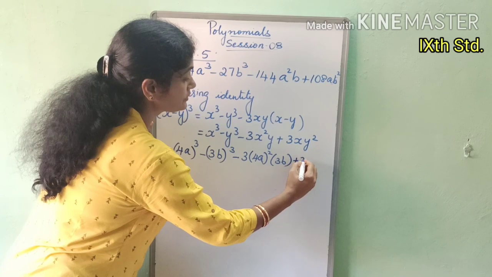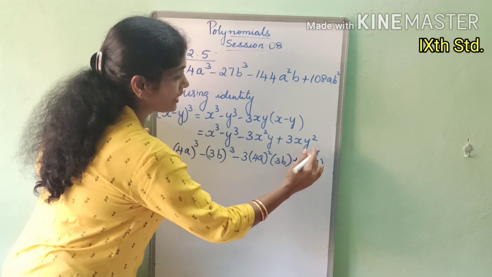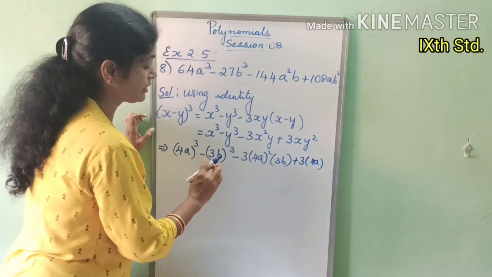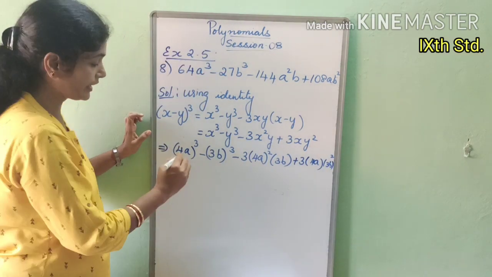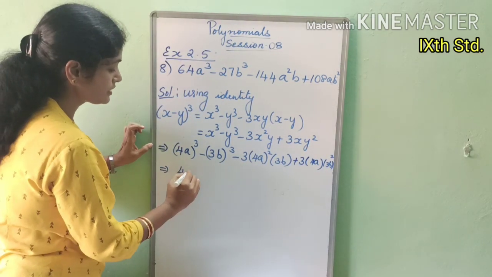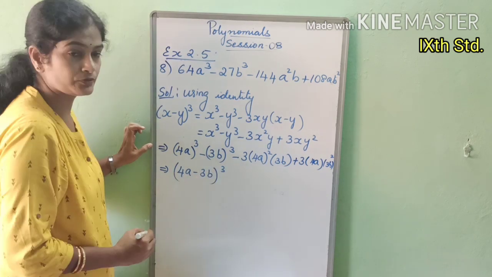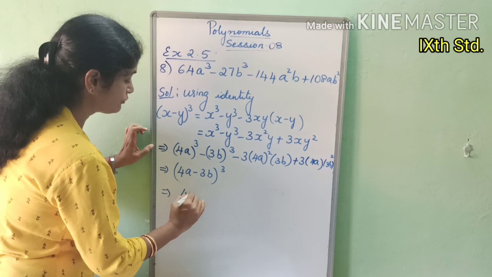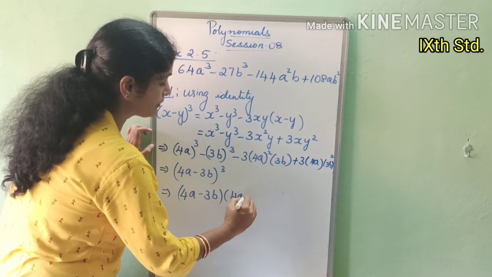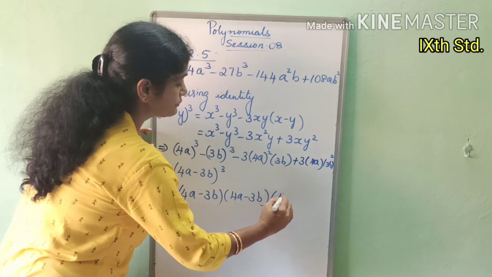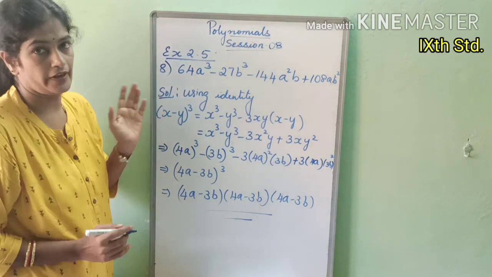Then plus 3 into x, which is 4a, and y square, y is (3b) whole square, right? So this implies it is (4a minus 3b) whole cube, which is equal to (4a minus 3b) into (4a minus 3b) into (4a minus 3b), expressed as the product of factors.